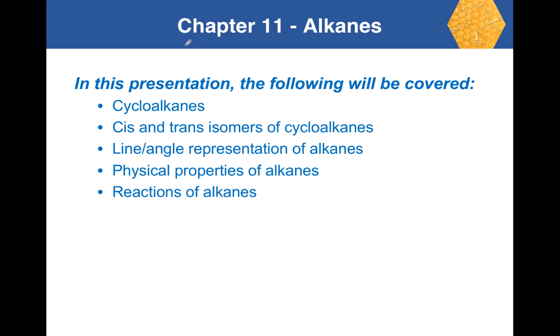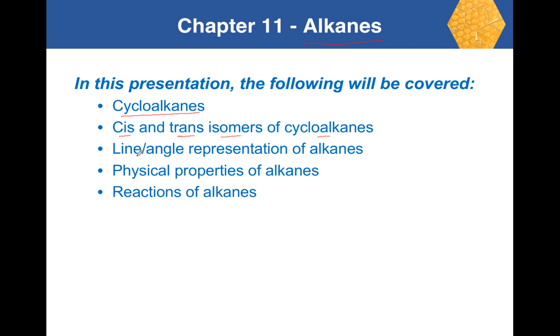This is the second lecture for Chapter 12, which deals with alkanes. In today's presentation, we will cover the following: cycloalkanes. So we'll look at that and define it and look at some examples. We'll also look at a concept called cis and trans isomers of cycloalkanes.